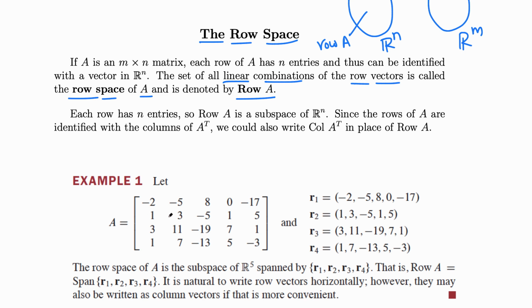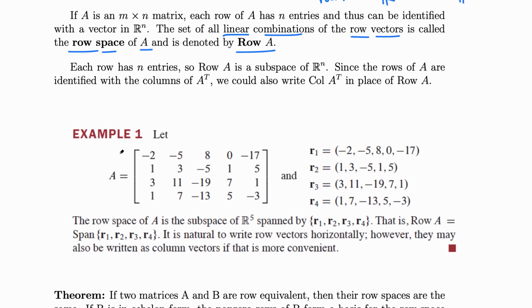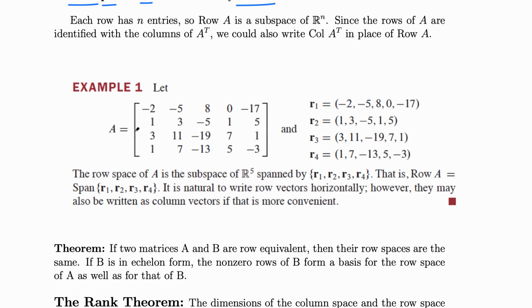Let's do one example. So we have a matrix A given, which is 4 by 5, 4 rows, 5 columns, m by n, and this is row 1, R1, it's a vector, and we can write it in terms of a column vector, but that's uncommon because it's a row.